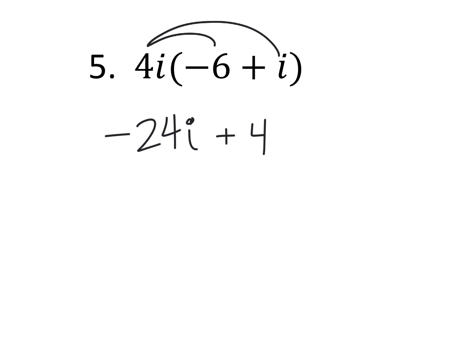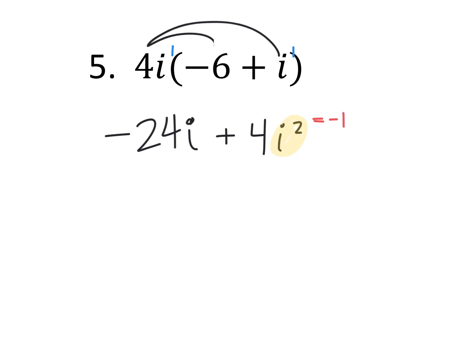Okay, reminder of why this is the case. i times i is i squared because this is i to the first times i to the first. When you have the same base in multiplication, you add your exponents. So 1 plus 1, i squared. You should not stop here, however, because you know that i squared is equal to what? -1.